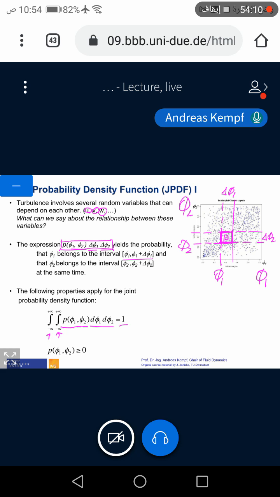Yeah? So again, this general property of all probability density functions is that the integral over the entire variable space must be 1. And obviously again, the probability density of any phi 1, phi 2, so of any point, must be greater or equal to 0.